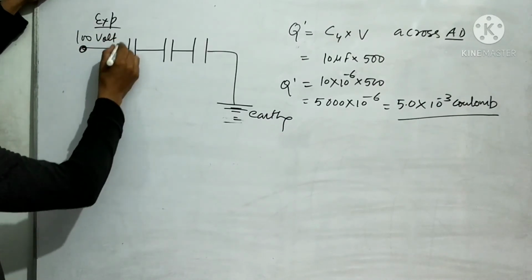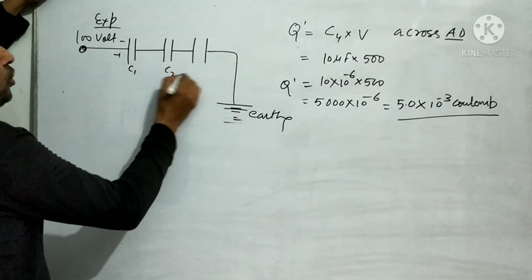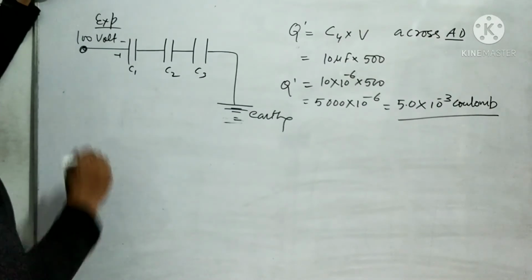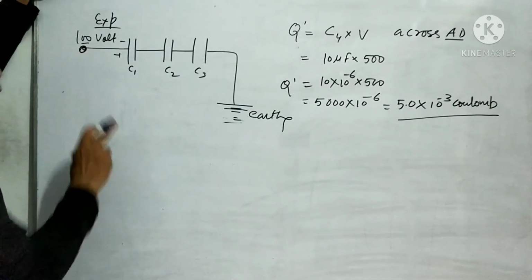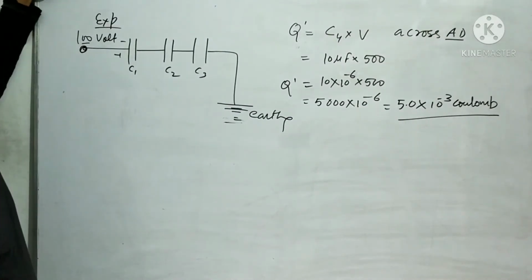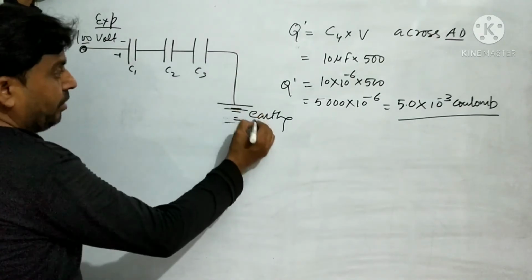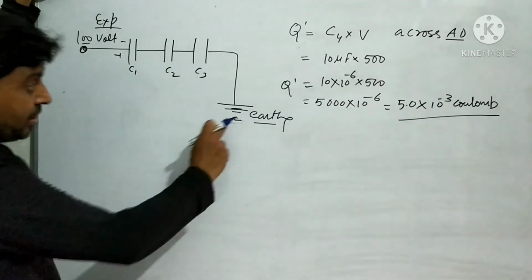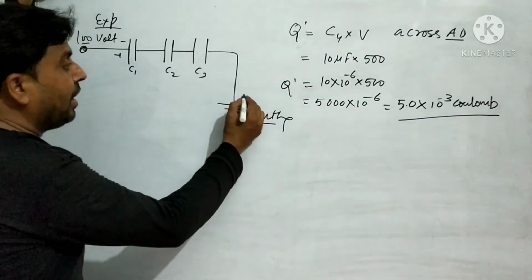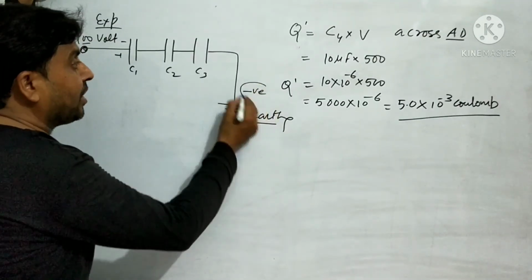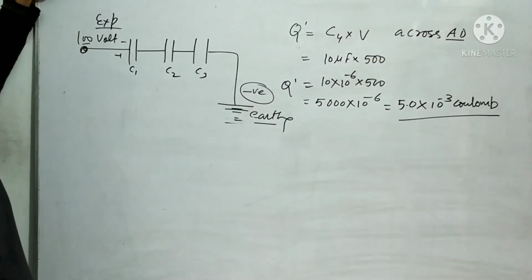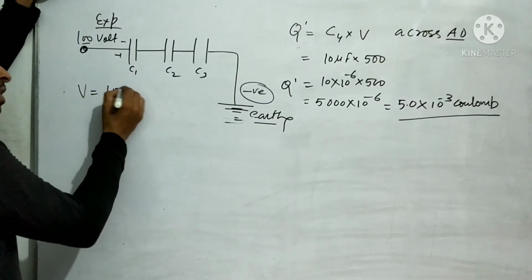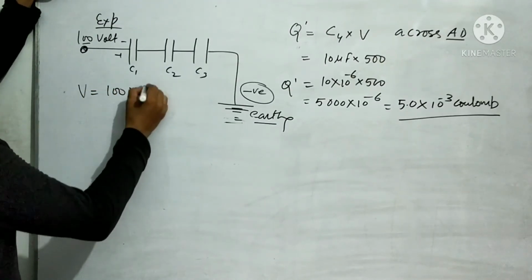Here is positive, C1, C2 and C3. These three capacitors are connected to a 100 volt supply, only the positive terminal, and the second end is connected with the earth. Then earth provides the negative terminal and we have to consider here V equal to 100 volt.